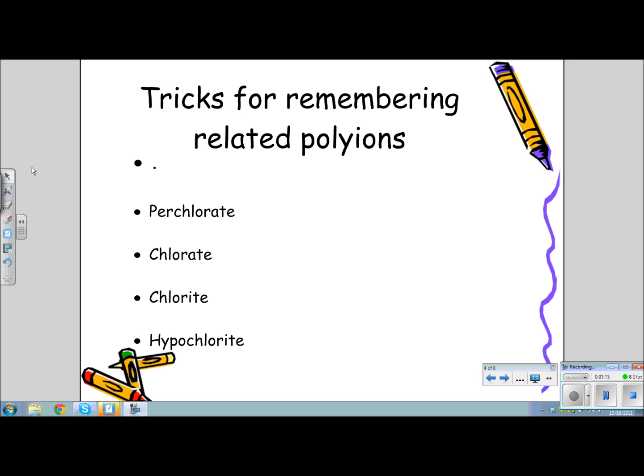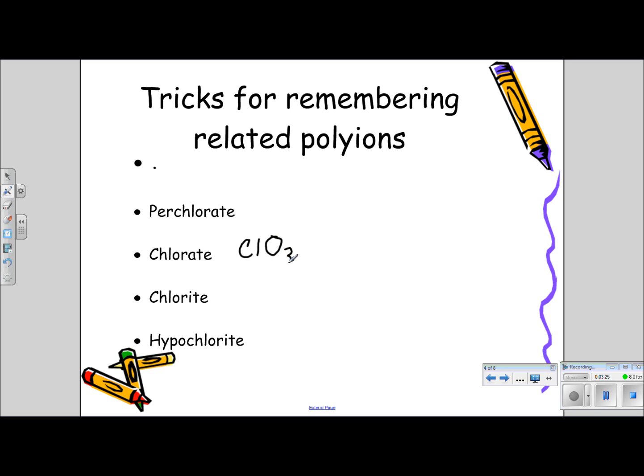Notice that we're going to start out with the chlorate ion, and the chlorate ion is ClO3-. Chlorite, as we discussed before, ite is the light version, so it will have one less oxygen. This is ClO2-.